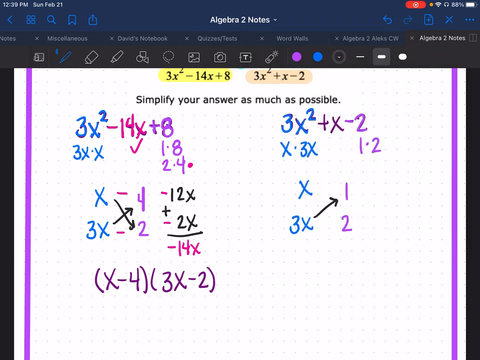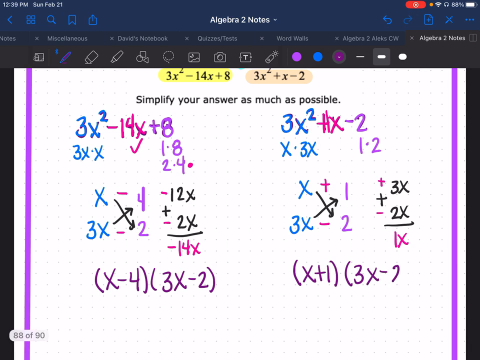So 3x times 1 gives me 3x. x times 2 gives me 2x. Can I add them together and get 1x like I have right here? Yes, I can. Positive 3 and negative 2 give me positive 1x. So I've got plus and I've got minus. Be very careful. It was very easy for me to make a mistake with my pluses and my minuses.